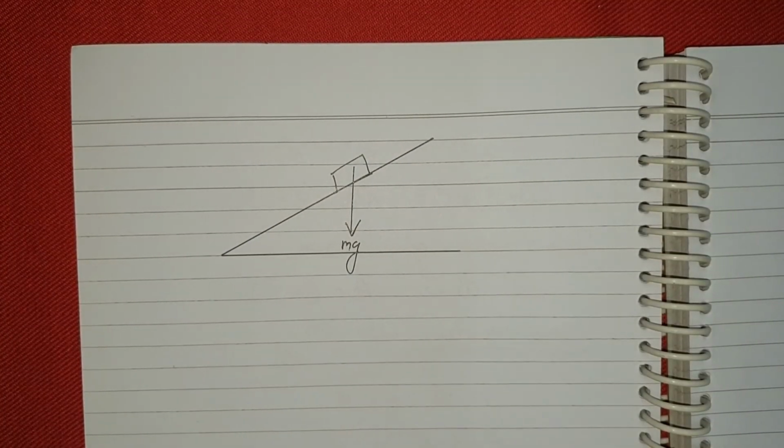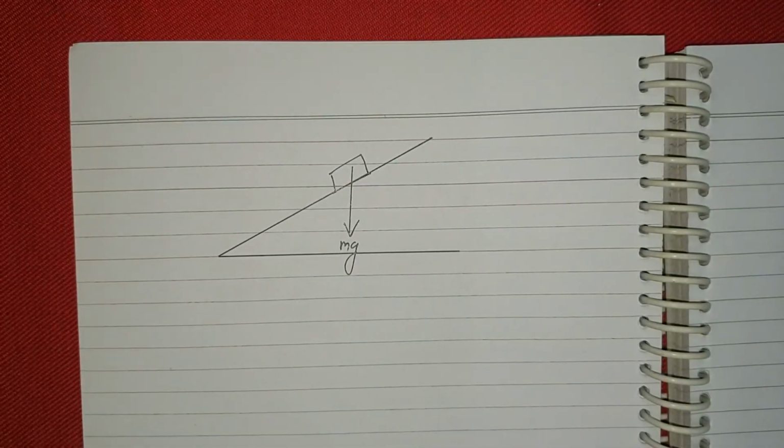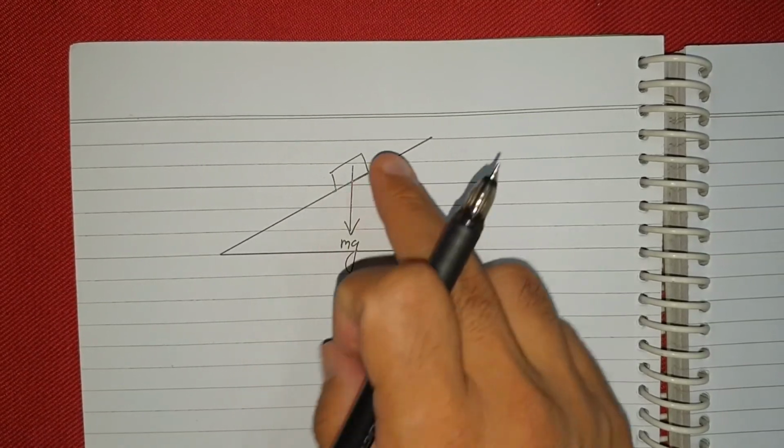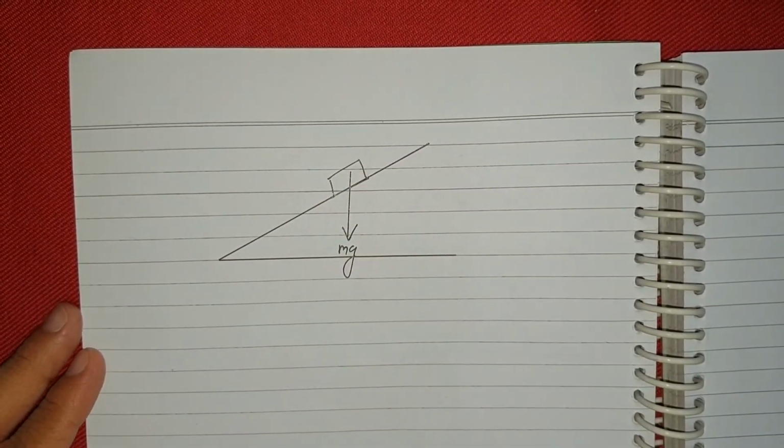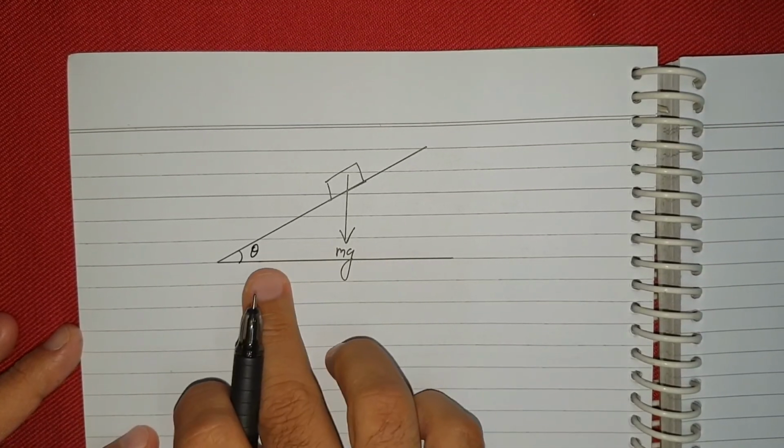Now, an example of the rectangular components of a vector in a plane. Consider this block whose weight mg acts vertically downward. It is on an inclined plane which makes an angle theta.